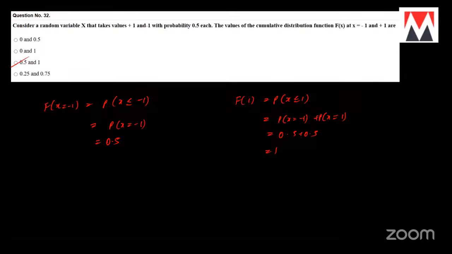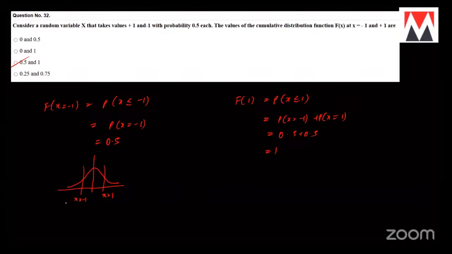Right? So this function will be like this, suppose. Cumulative distribution function. If this is x, this is 1. This is x equal to 1. Right? He's saying the probability of each of these values is 0.5, 0.5. The values of cumulative distribution.